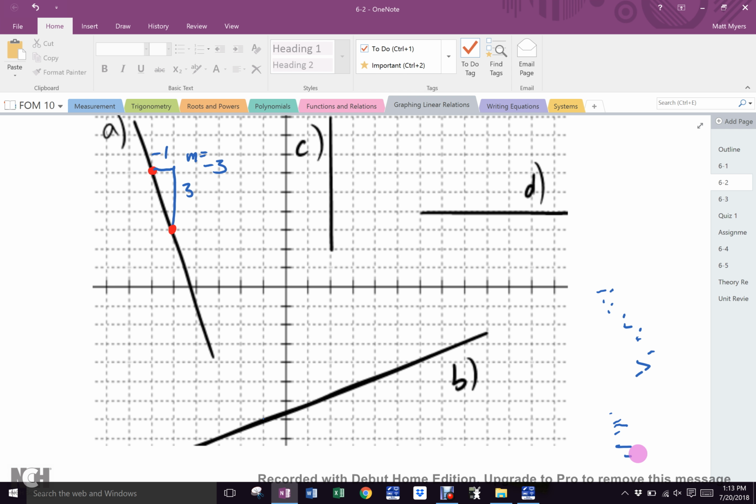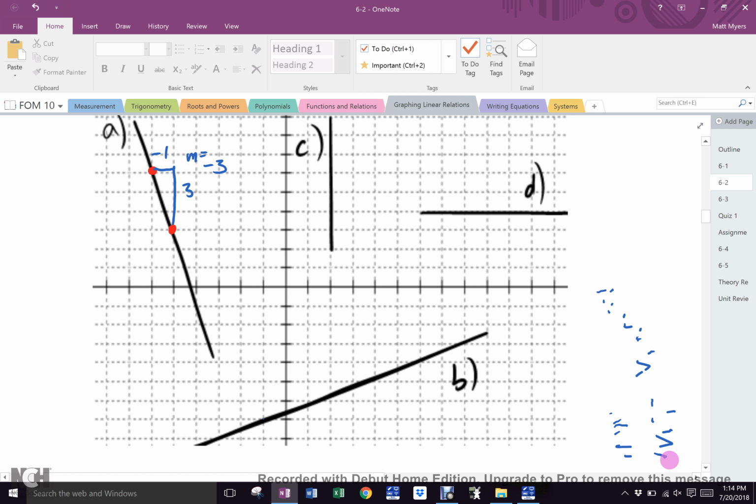Negative 4 over negative 9 is positive 4 over 9. What's this? Positive 4 over 9. Does it matter? Put the triangle anywhere you want, because you're counting up and down, which is positive or negative, and left to right, which is positive or negative. Good?